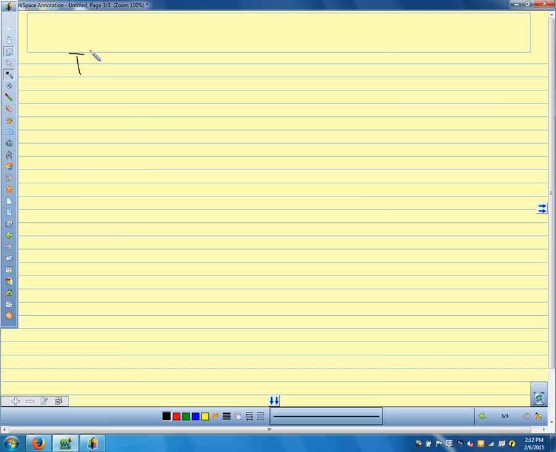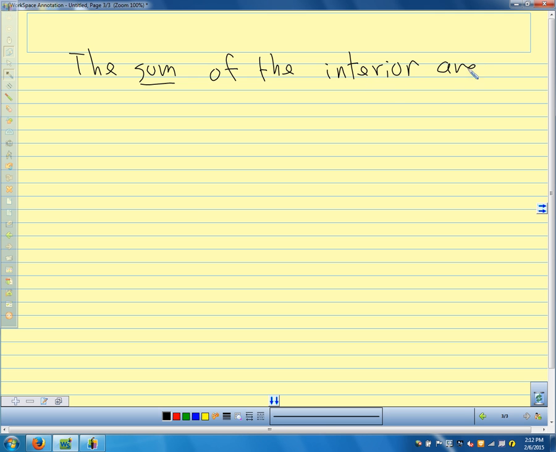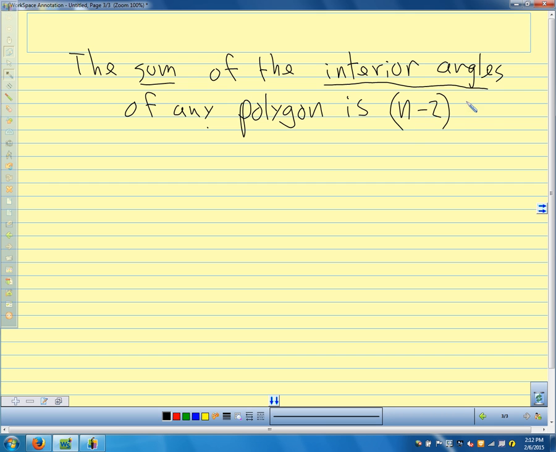All right, so the sum of the interior angles of any polygon, and we're talking about convex polygons, is n minus 2 times 180 degrees, where n is the number of sides.